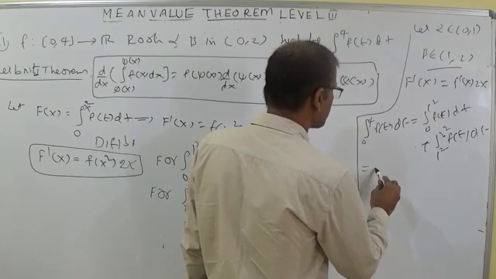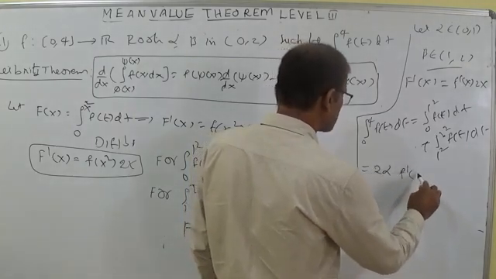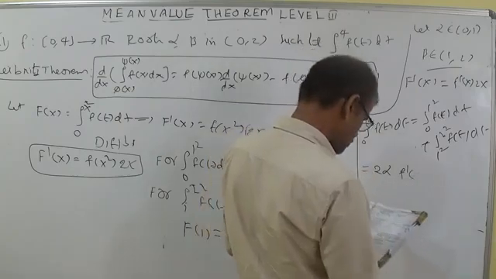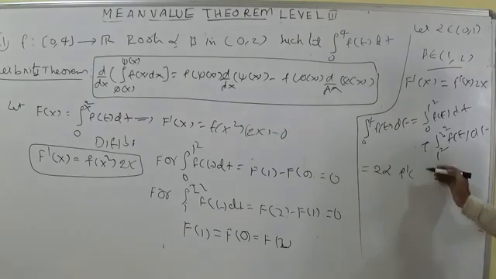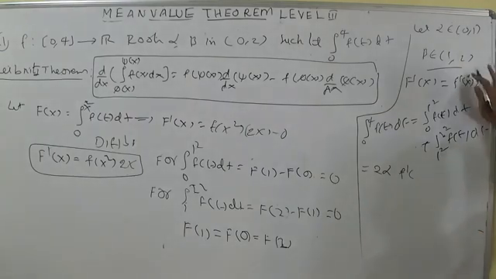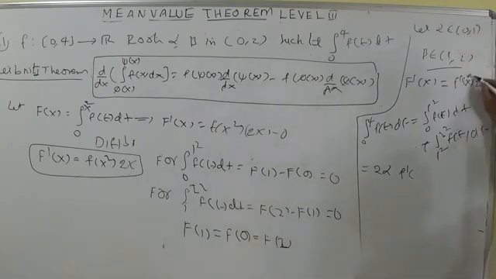So you can say here 2 alpha, that is equal to 2 alpha f dash of alpha. 2 alpha f dash of alpha means here alpha square, because f dash x square is there. Here we thought f dash x is equal to x square.